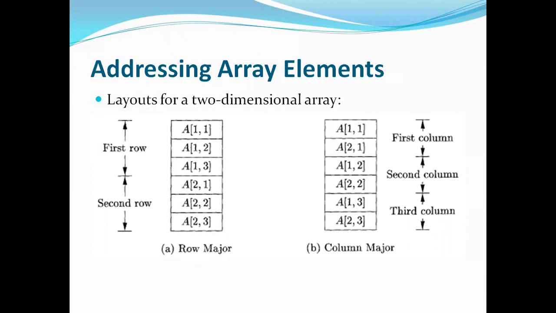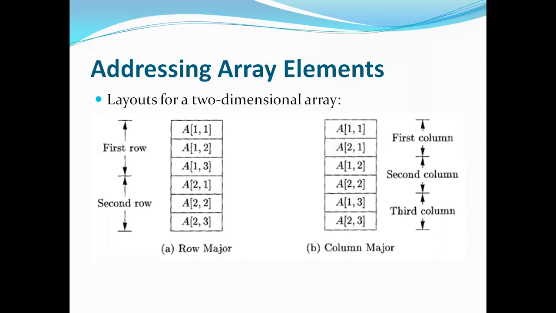Considering row major representation, we compute the relative addresses for A[i][j], where i and j are the subscripts. A[i][j] is a two-dimensional array representation: A[1][1], A[1][2], A[i][j], like that. All those are representations of an array. Initially, to compute the address of any element, first we need to know how to compute the base.